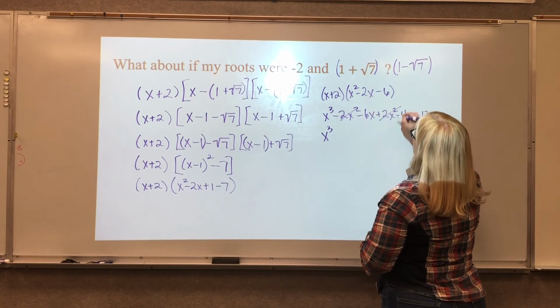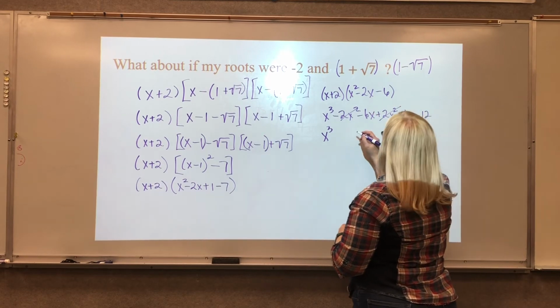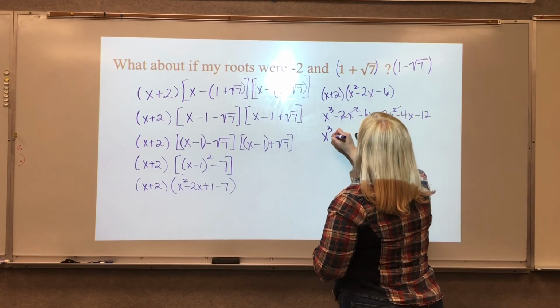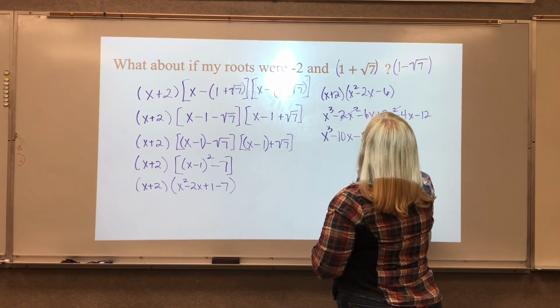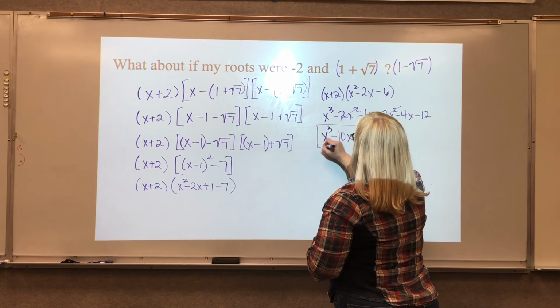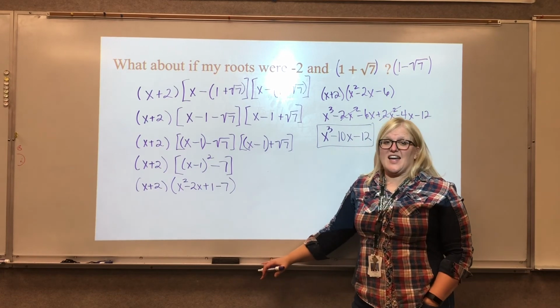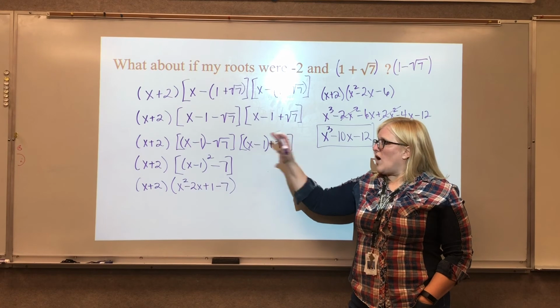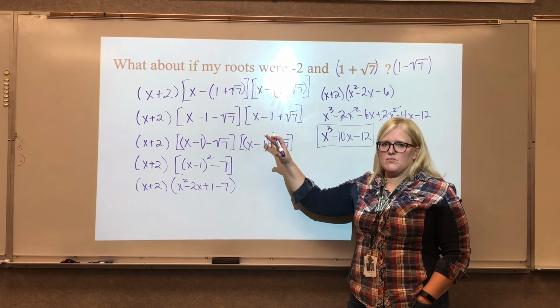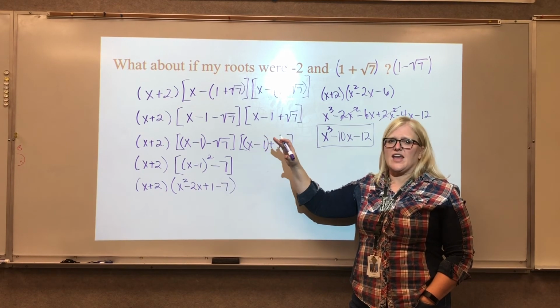Okay, the 2x squares cancel out. Negative 6x minus 4x is negative 10x minus 12. And that is the answer. Okay, this is tricky, I know it is. But just watch, look at the steps very, very carefully.